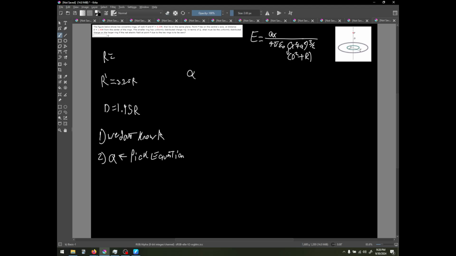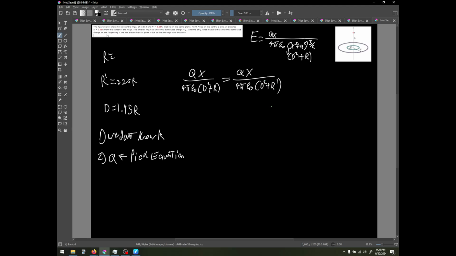So now we've got Qx all over 4 pi epsilon 0 times d squared plus r equals Qx all over 4 pi epsilon 0 times d squared plus r prime.